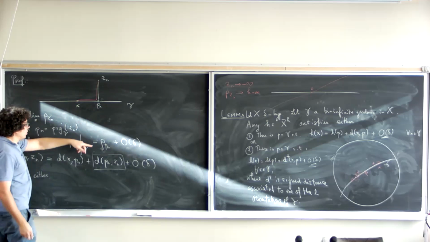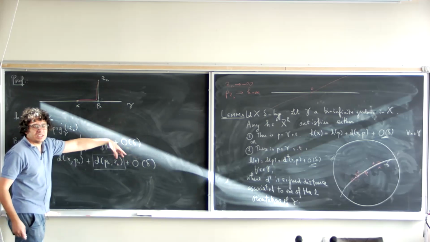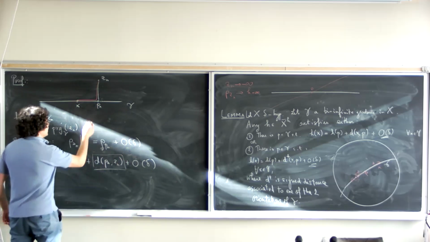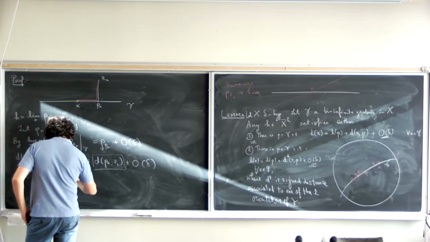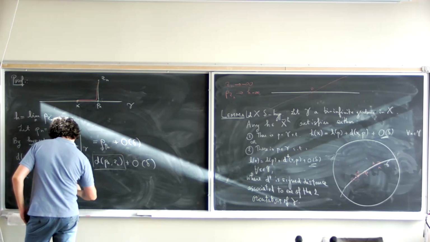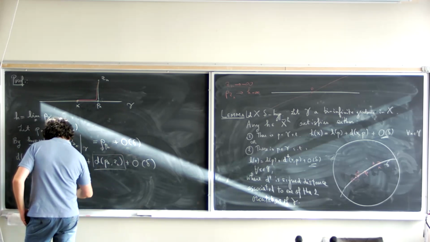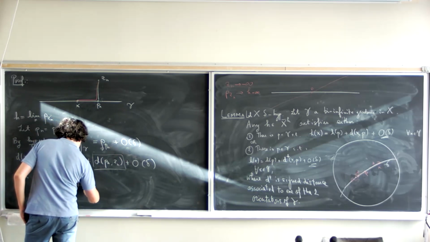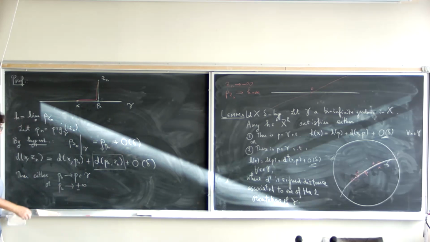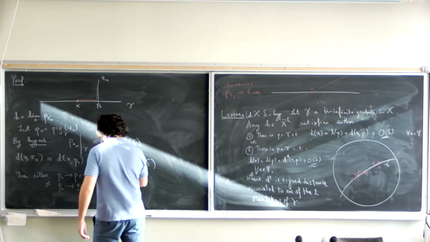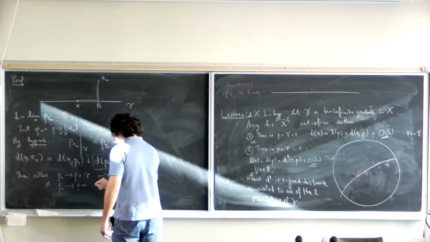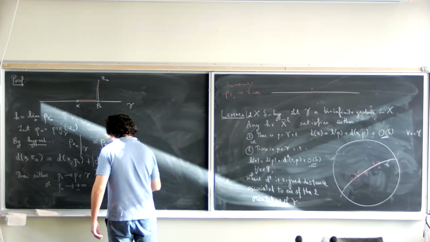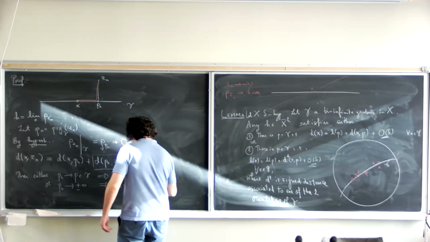Everything is up to O of delta, so we can eat all these small things. So either Pn converges to P inside gamma, or Pn goes to plus infinity or to minus infinity. The first corresponds to H belonging to case 1, and the second to H belonging to case 2.